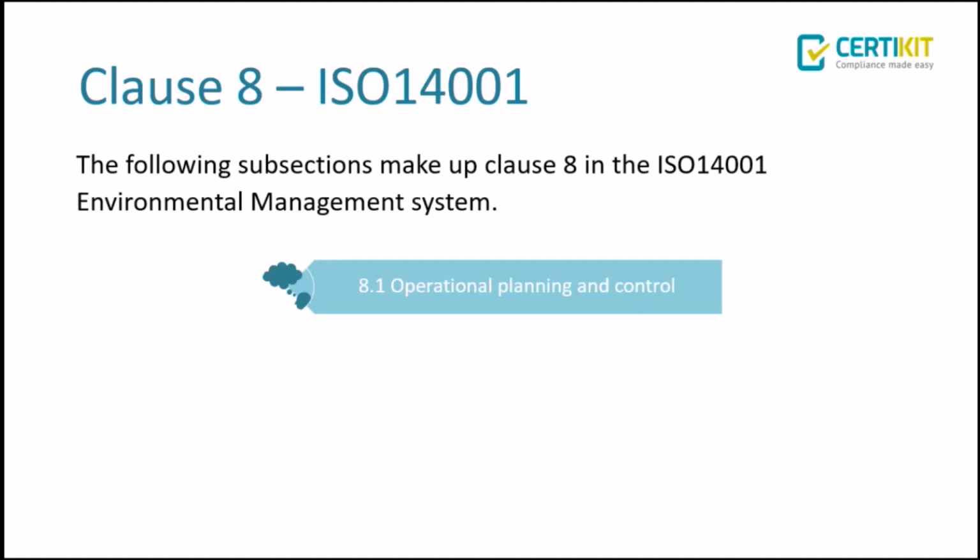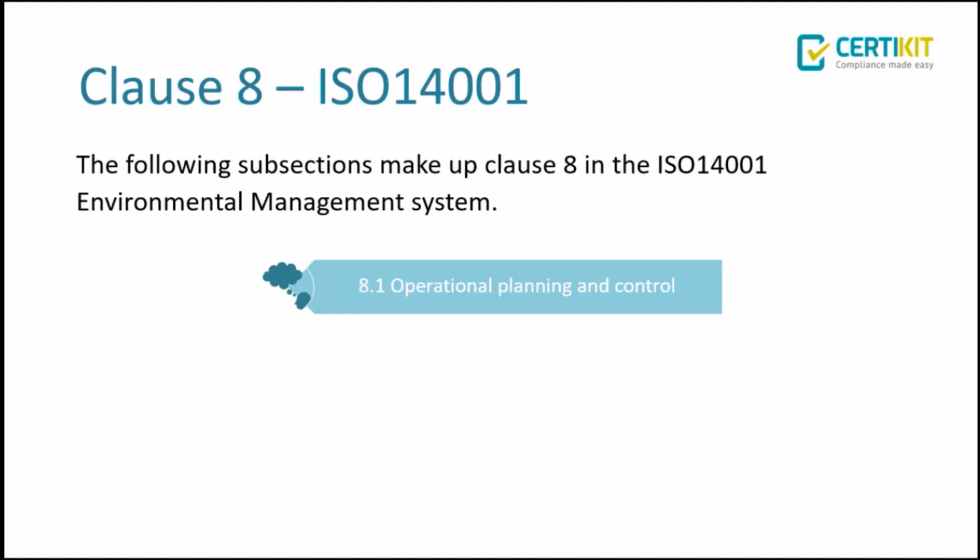And this subclause highlights the importance of planning and controlling an organisation's operations in such a manner that it takes into account the potential environmental impacts. It requires an organisation to establish and maintain procedures that ensure that their operations are carried out in accordance with environmental objectives and targets set in earlier phases of the environmental management system.